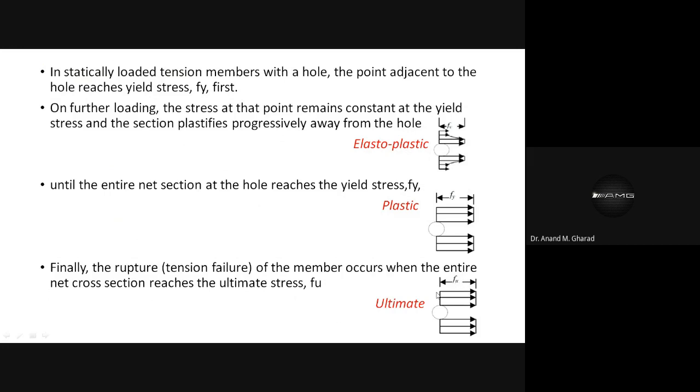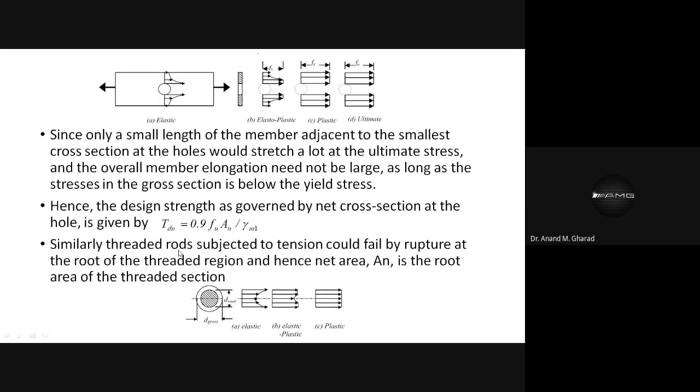Okay? So this is the ultimate condition, what you can say. So step by step, the representation of this figure, which was in elastic range, with the further increment in the load, the variation of the stresses can be observed like this.